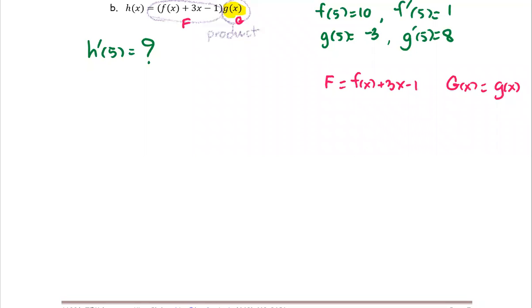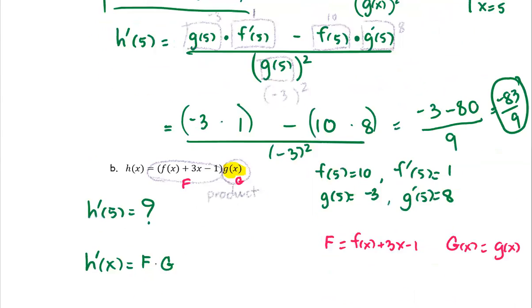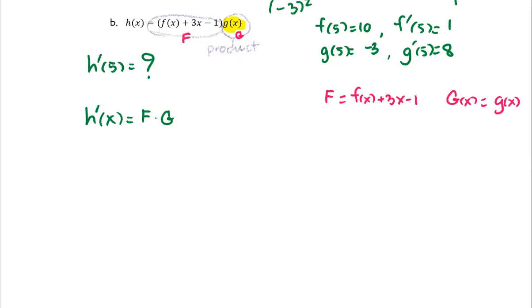To find the derivative of the product using the product rule, h prime of x is gonna be, in this case, since we use a different form, the uppercase version, the first one multiplied by the derivative of the other. So I'm gonna put F multiplied by G prime plus F prime multiplied by G. Just the mix and match as before.